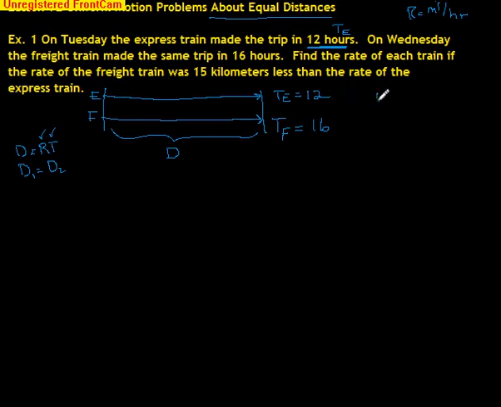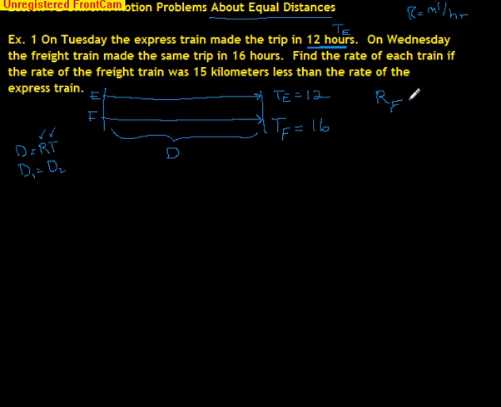So the rate, there we go, we're going to do another subscripted variable. These are like the equations. Remember where we had 4 unknowns and 4 equations? This is exactly what we're going to do here. So we have this equation, this equation. We know that the rate of the freight train was less than the rate of the express train. There's 2 different ways you can do this. I don't want to confuse you.